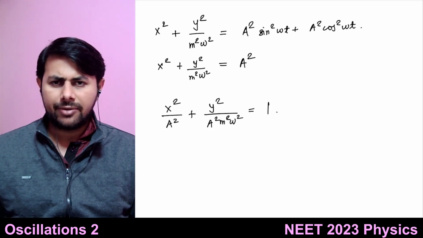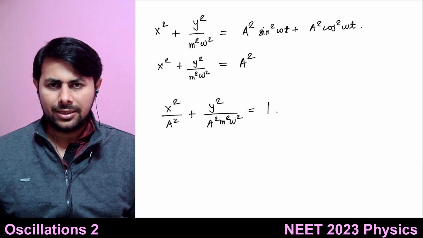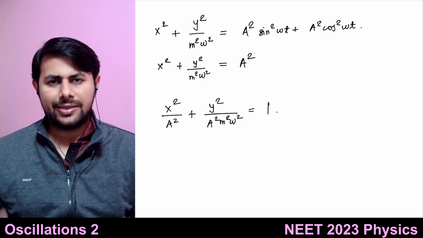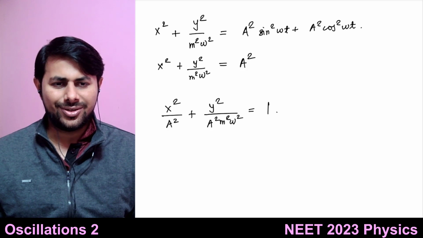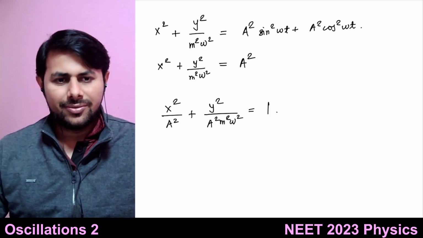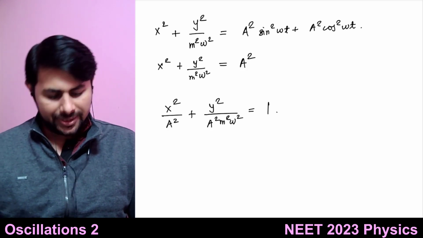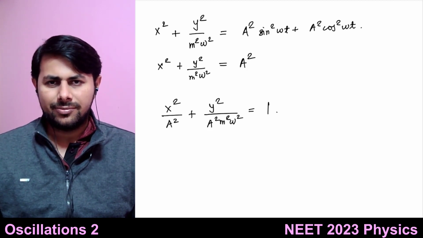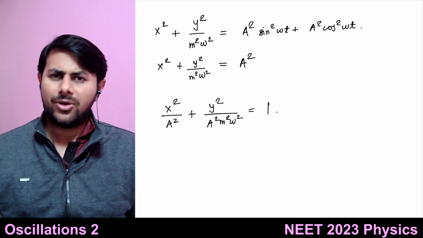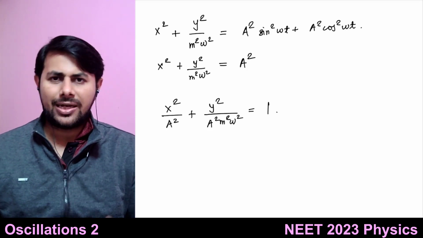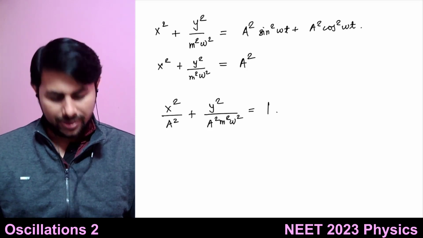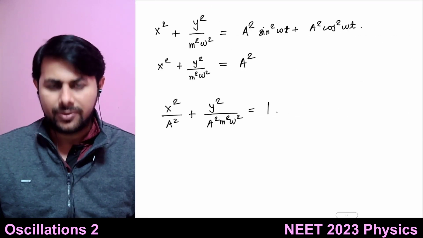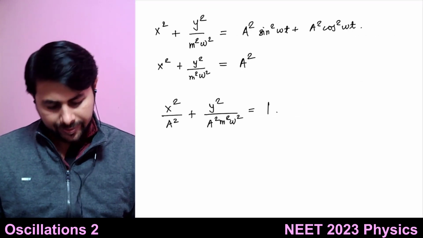So this is an equation of ellipse. Okay, x square by a square plus y square by b square is equal to 1. Okay, this is an equation of ellipse, right?